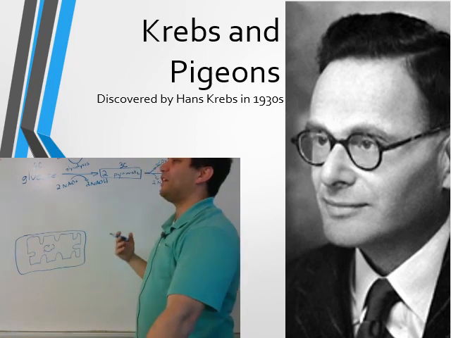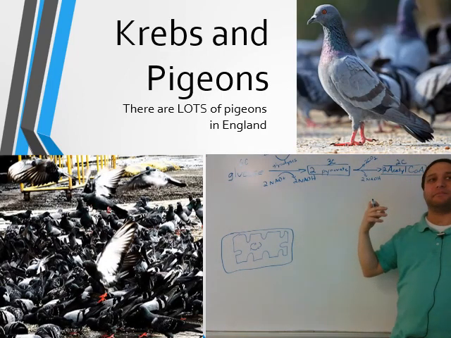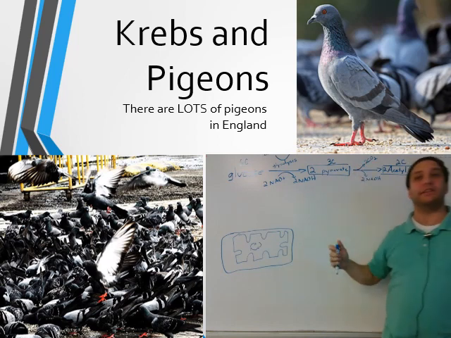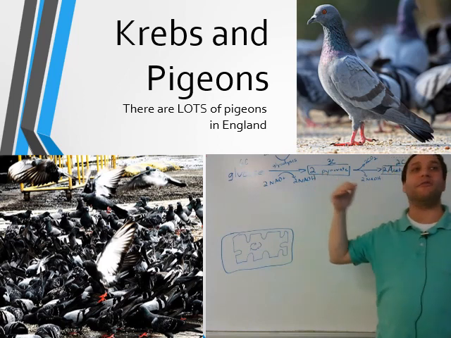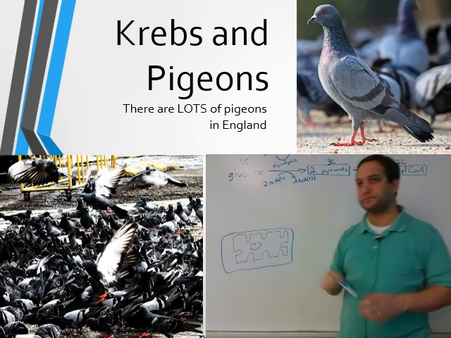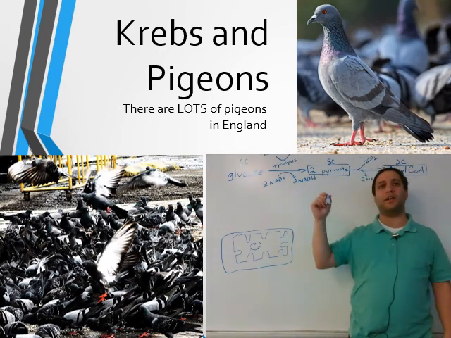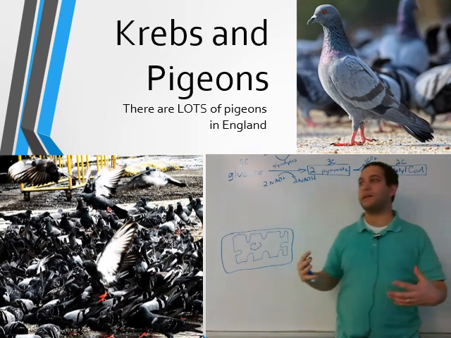So Krebs discovered this in the 1930s. He did it by looking at pigeons. Now, you have to understand, Krebs himself was not Jewish. His wife was Jewish. I want to say they originally lived in France. He sent his wife away and gave her a cover name to hide her.